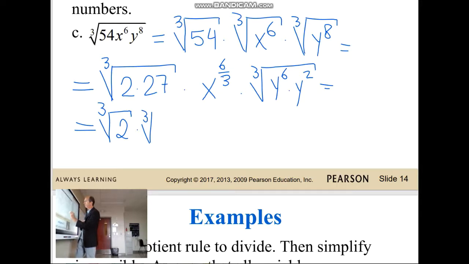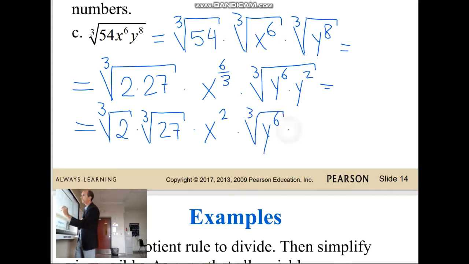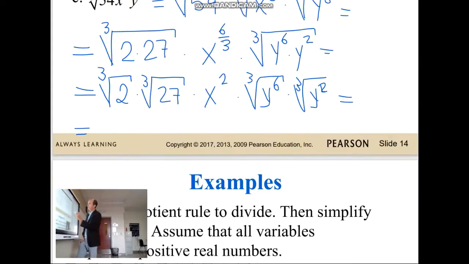Cube root of 2 times cube root of 27 times x 6 divided by 3, 2 times, and we can split this one, cube root of y to the 6th times cube root of y exponent 2. Now let's finish here.